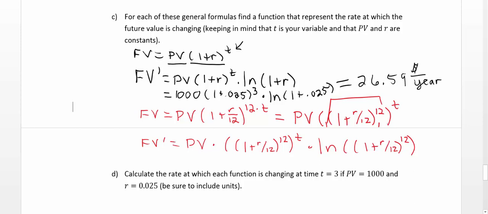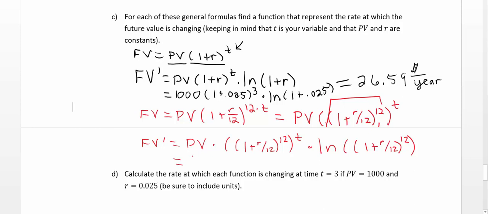So remember, our independent variable t is time, and time was given in years, and our dependent variable is future value of your money, and so that's going to be in dollars. So that means that my investment is increasing by $26.59 per year when it's been 3 years. Let's do the same thing for our other derivative when we're compounding monthly.